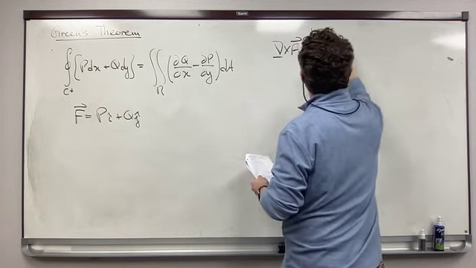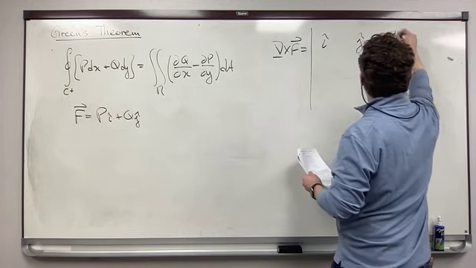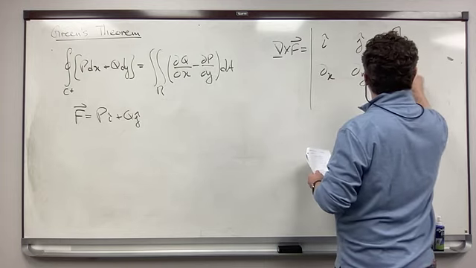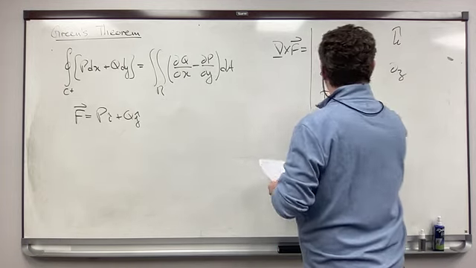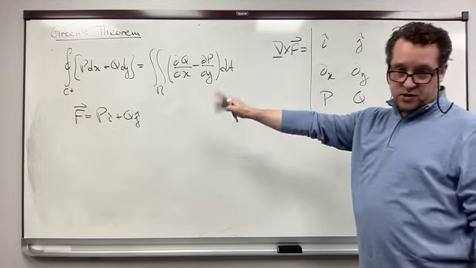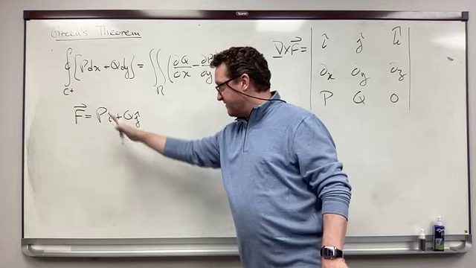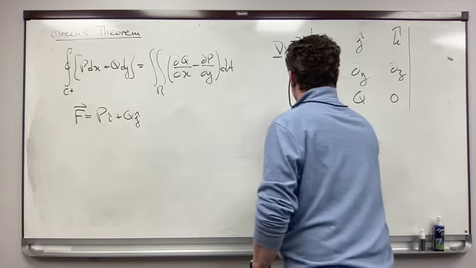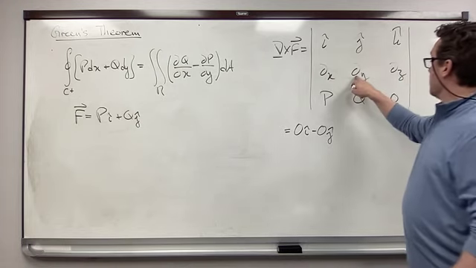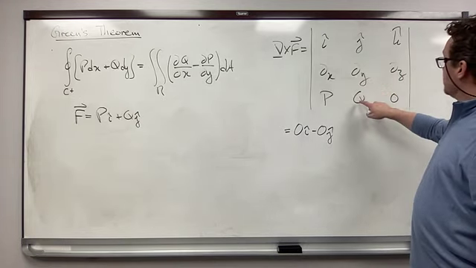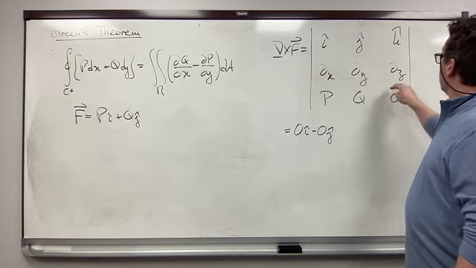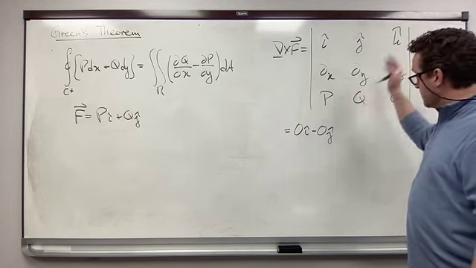Taking the determinant with i, j, k, partial x, partial y, partial z, and then P, Q, 0, because I'm doing it for this function F, which has no z component and no z variation. Then this is 0 i minus 0 j, because for the i component you take the partial of 0 and the z dependency of Q, which is 0, and for j the partial x with 0 and the z dependence of P, also 0.